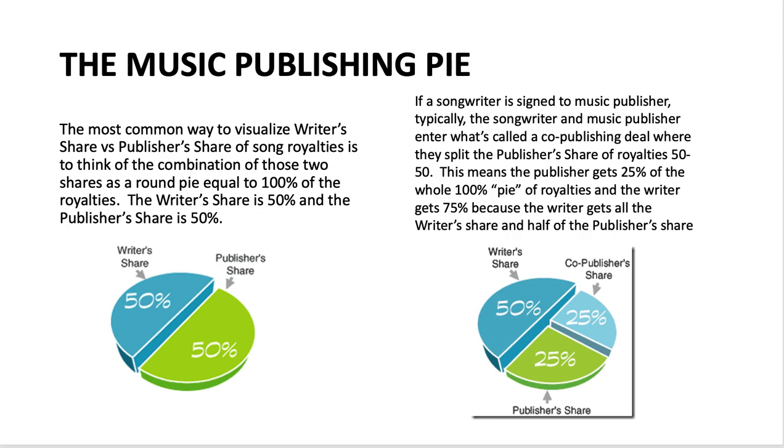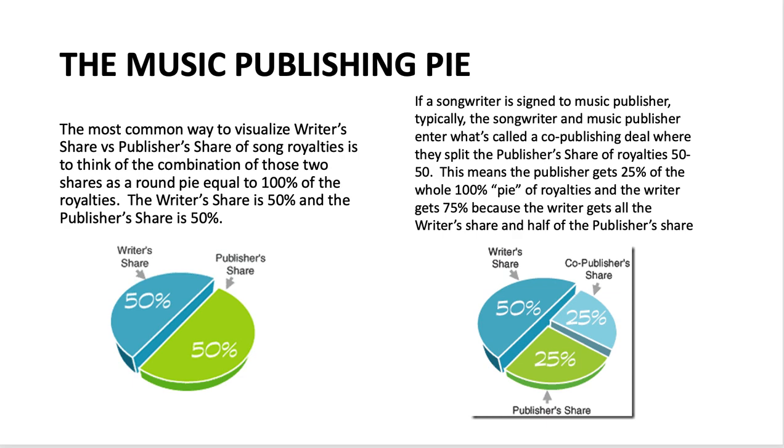So again, a typical co-publishing deal is called co-publishing because you as the writer still have control of those songs. You haven't given up control. The publisher is quote-unquote co-publishing the songs with you, even though in most situations they own the copyright, at least for a decent amount of time. So in those situations, the writer's share is that half, the 50%, and then the publisher or publishing administrator shares in the publisher's share.